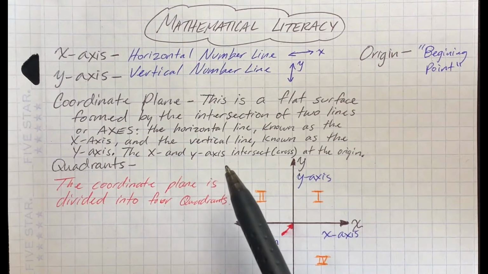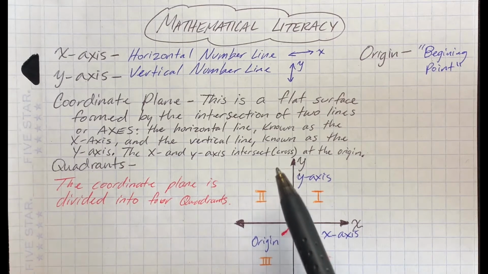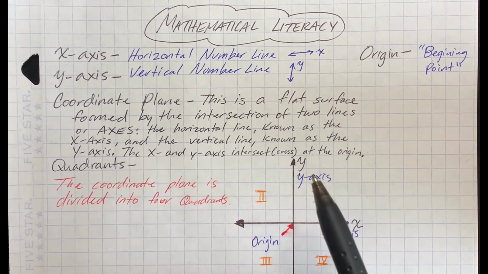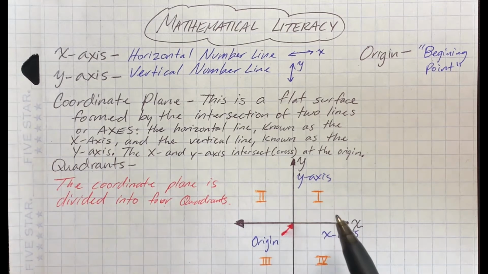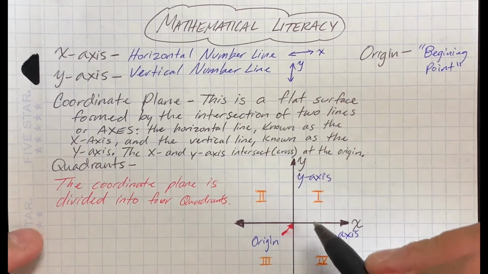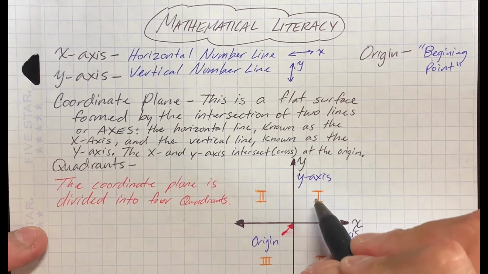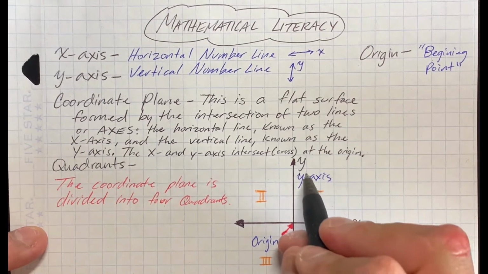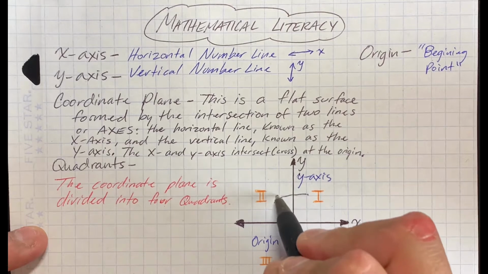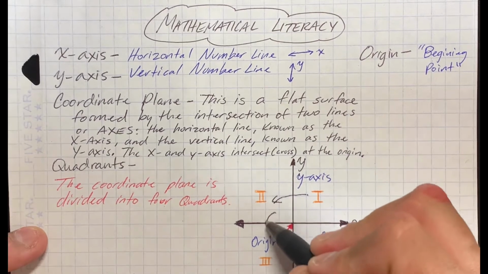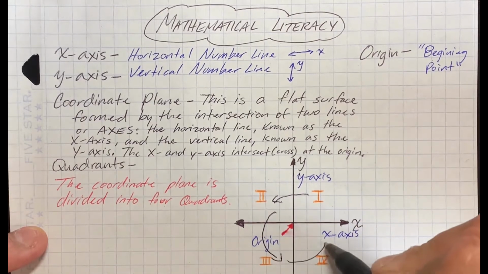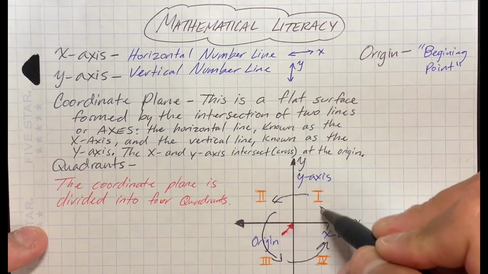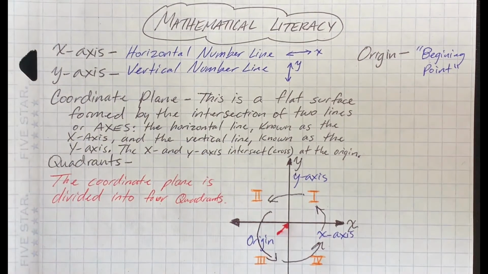The x and y axes intersect, or cross, at the origin, and the coordinate plane is divided into four quadrants, and the quadrants go counterclockwise. So you start with quadrant 1 here, and then it goes to quadrant 2, and then quadrant 3, quadrant 4, and back. We're going to dive deeper into this with the demonstration that follows.